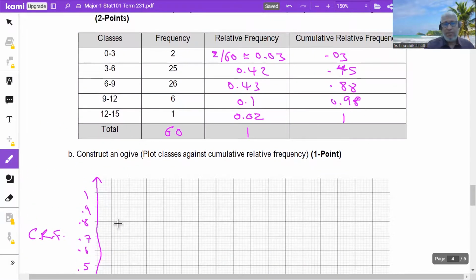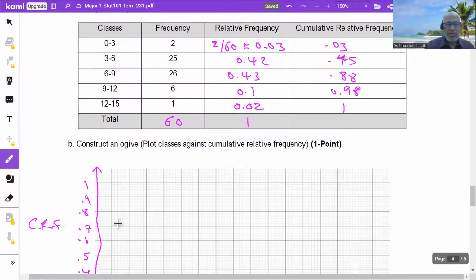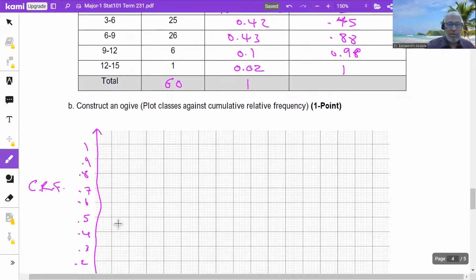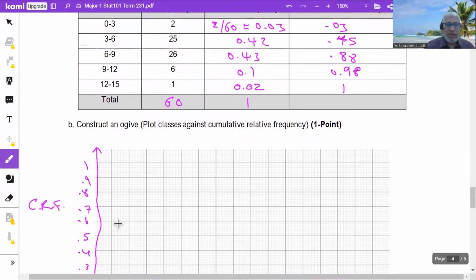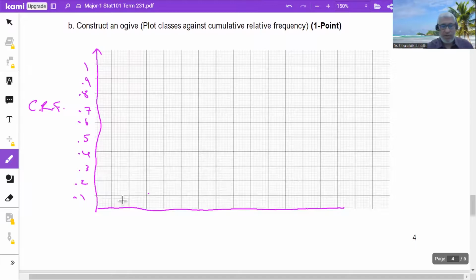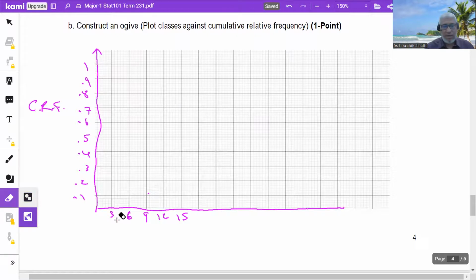And for the classes, you do it like this. You start from 0, then add 3, up to 15. So this is 0, and this is 3, 6, 9, 12, 15. If you like, you can take 2 here because it's large.